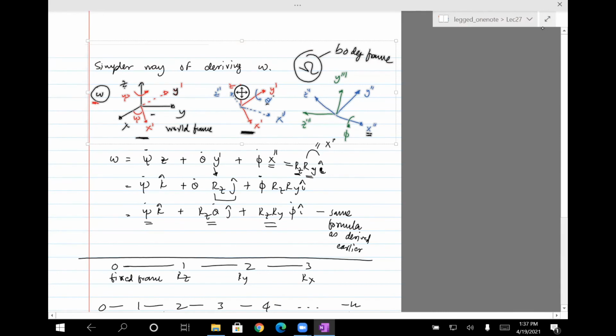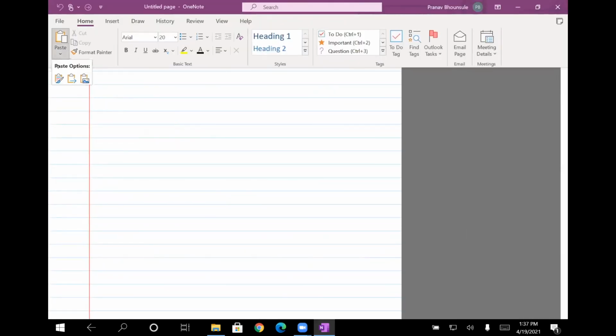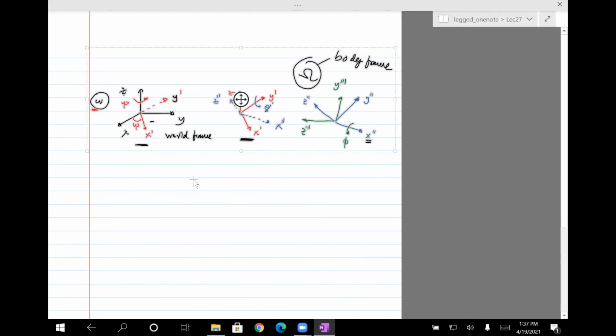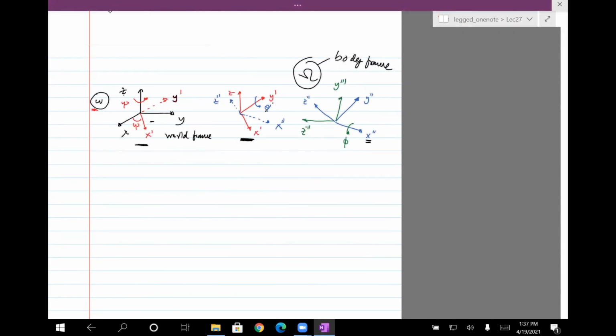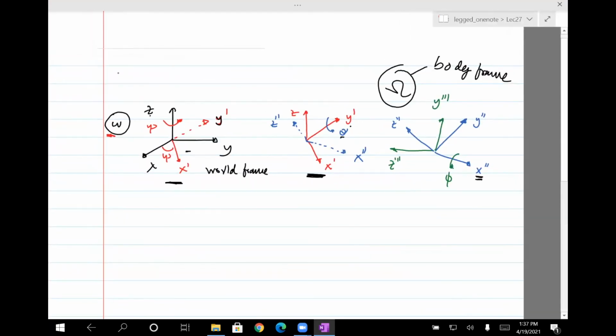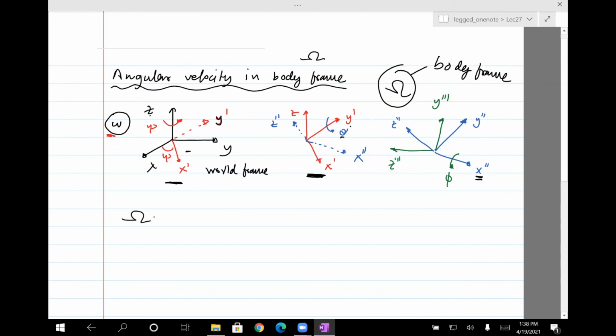Copy, and let's paste it here. Okay. So angular velocity in body frame, which is capital omega. Okay, so I can do it in the reverse way now.